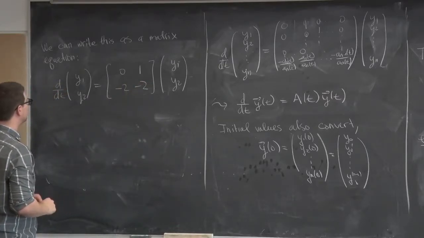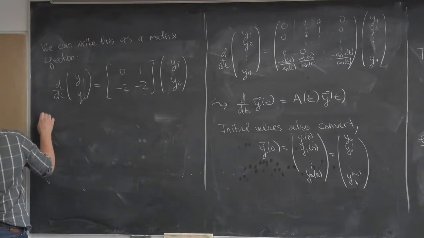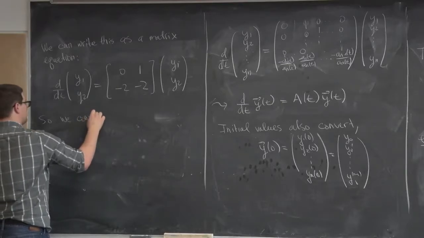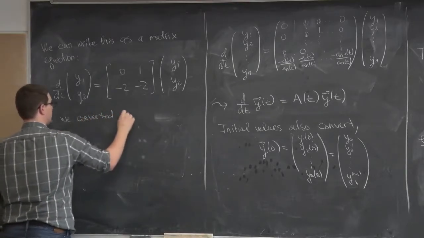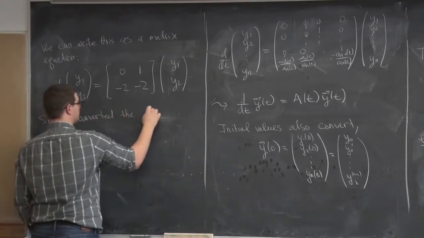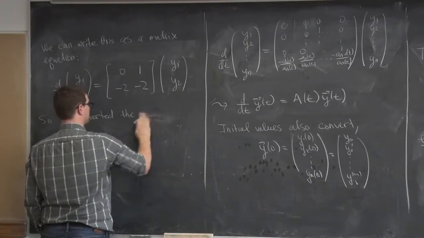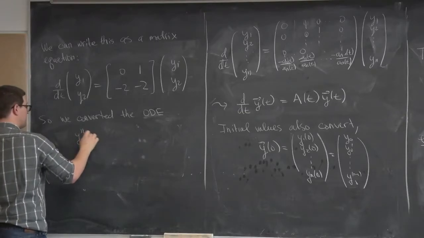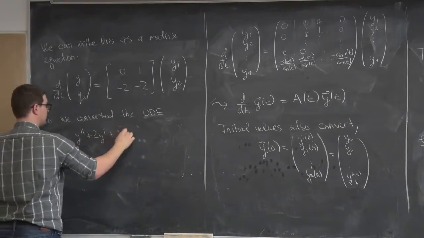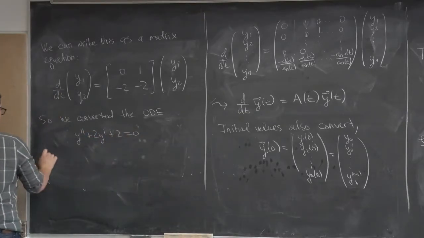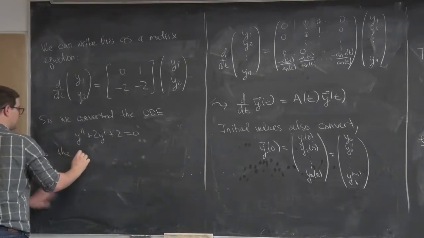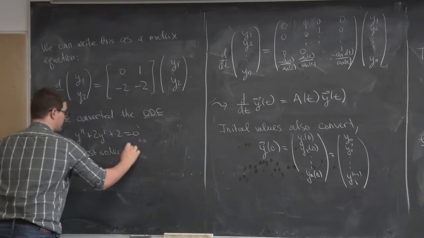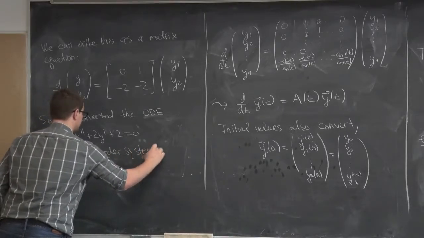So we converted the ODE y'' + 2y' + 2y = 0 to a first order system of ODEs.